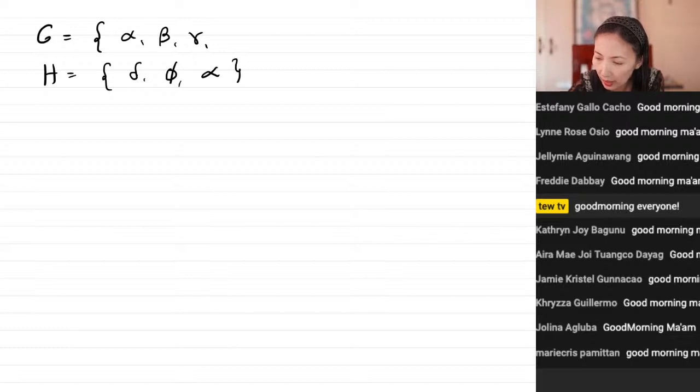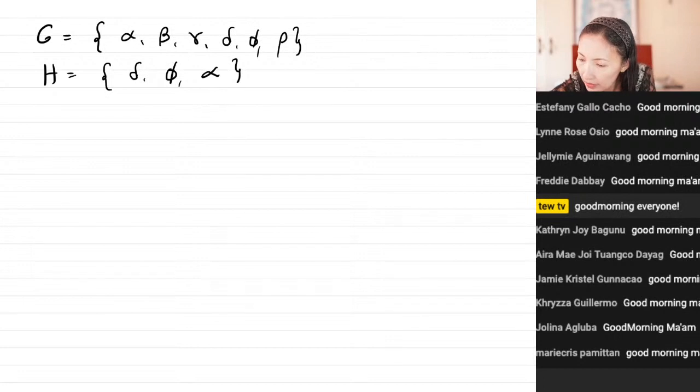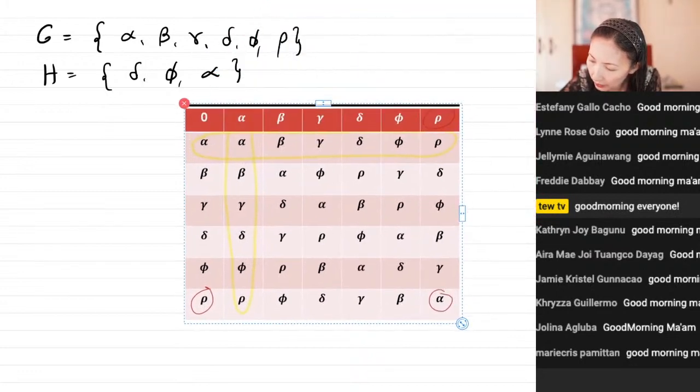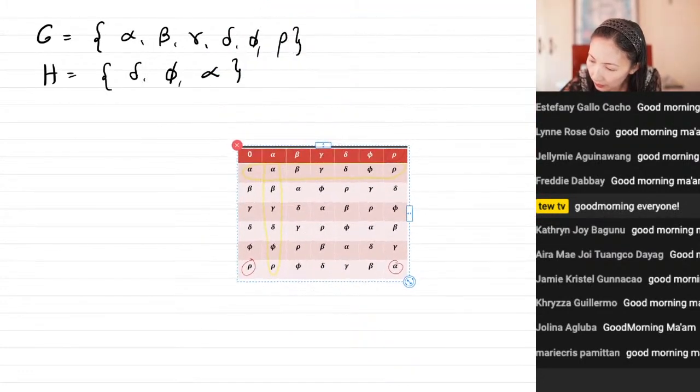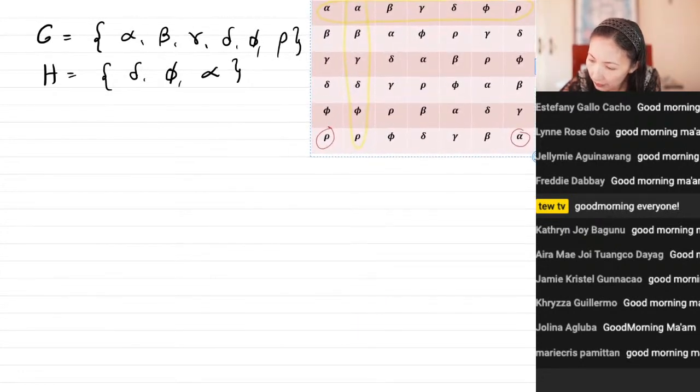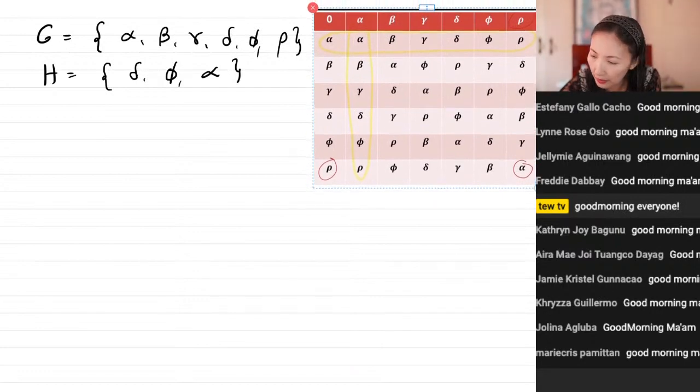Phi, delta, phi, and rho. Okay, let's insert the table, so we have a guide in coming up with the cosets. Okay, is this table visible?